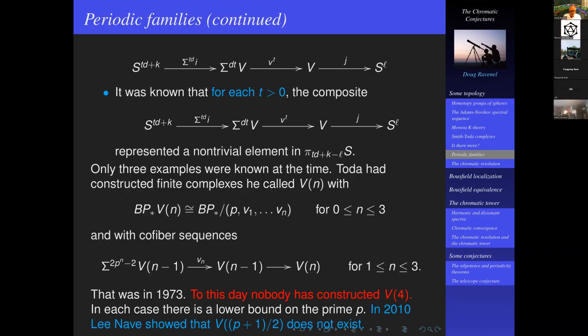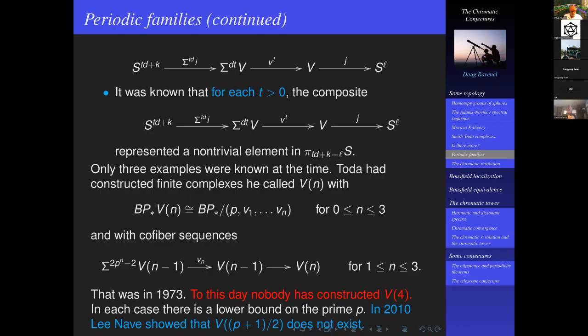Now, another thing is that in 2010, it was shown that Toda's hypothetical complex, where the number n is p+1/2 for your favorite prime, never exists. You could never construct that particular complex.